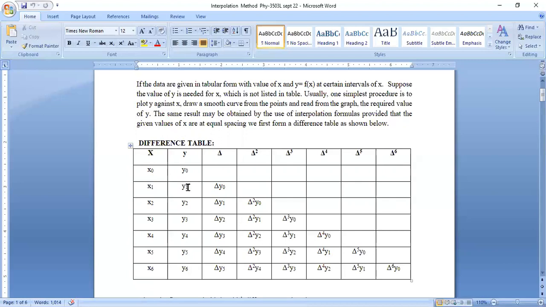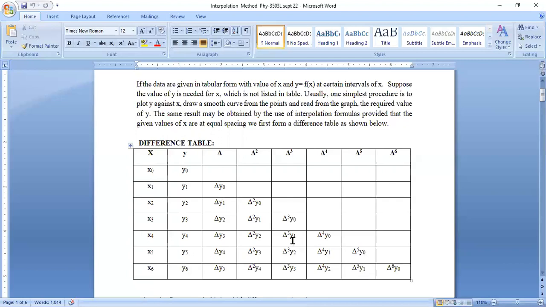starting from yk. So you first find out xk and yk. Suppose your x is very close to x1, so your x1 is your xk. This y1 will be corresponding to xk, it will be yk. Once you know yk, you draw the diagonal line: y1, then del y1, del square y1, del cube y1, del 4 y1, del 5 y1.